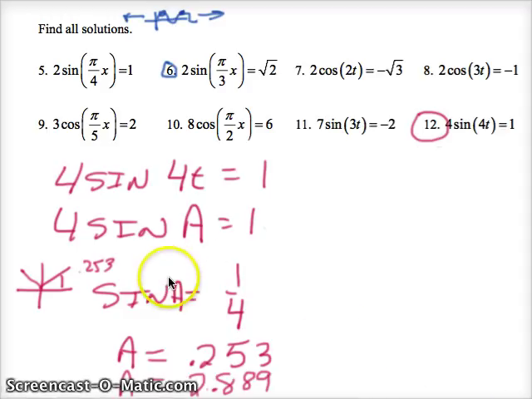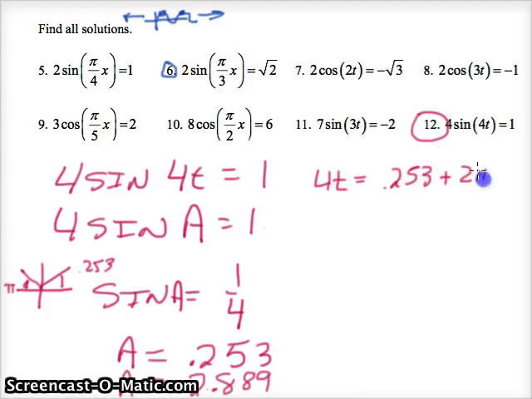Okay, so I just did inverse sine of 1/4 in radians, 0.253. Now keep in mind that's a reference angle, so I took that away from pi and I got 2.889. Now remember that's A, so 4t is equal to 0.253 plus 2 pi n.